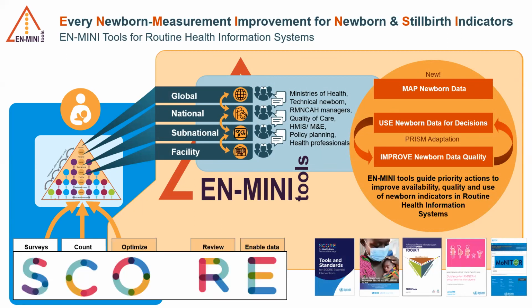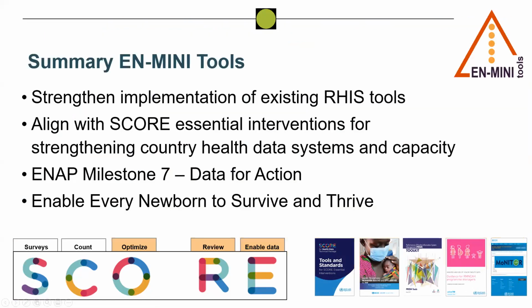We've deliberately aligned the EN-Mini tools with the SCORE essential interventions for strengthening country health system data capacity. We've designed the EN-Mini tools also to strengthen ENAP milestone 7, data for action, because we all need data so that every newborn can survive and thrive.